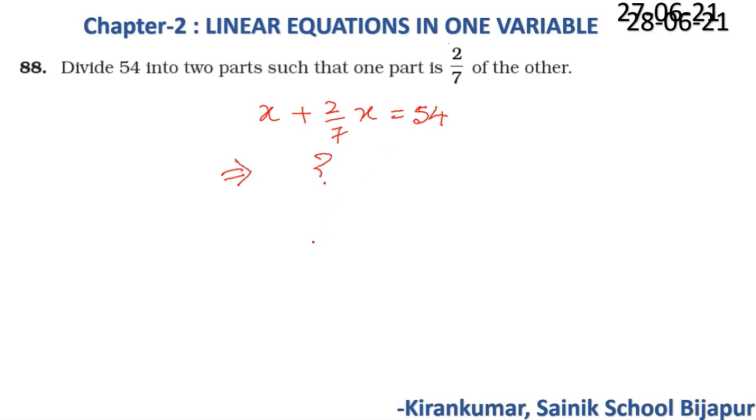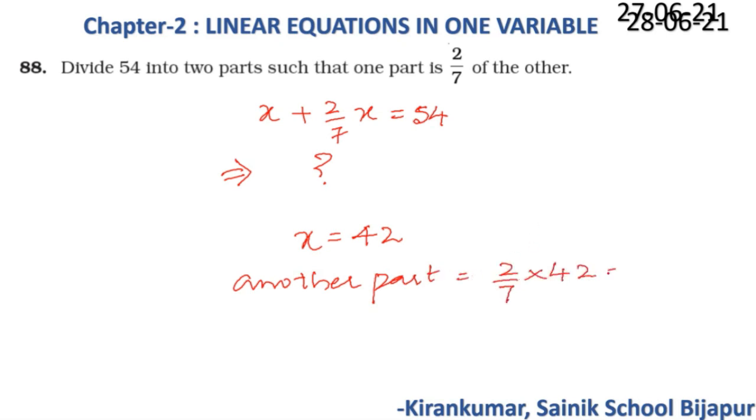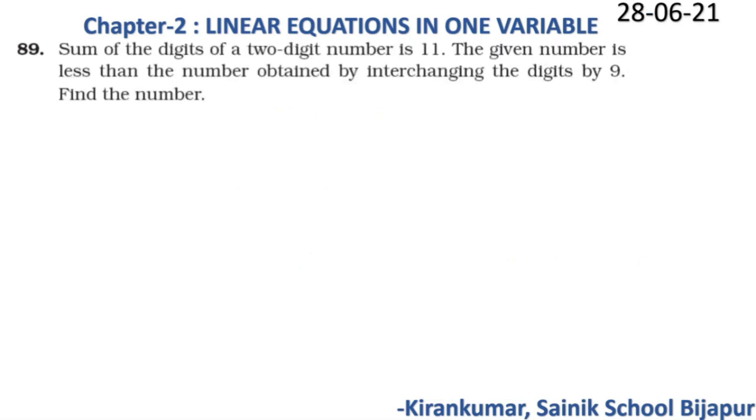I'll leave it for you to solve, and you get the value of x as 42. This is one part, and the other part is 2 by 7 times 42, which is 12, because 7 sixes are 42. So 12 and 42, these are the two parts. On adding, we get 54.